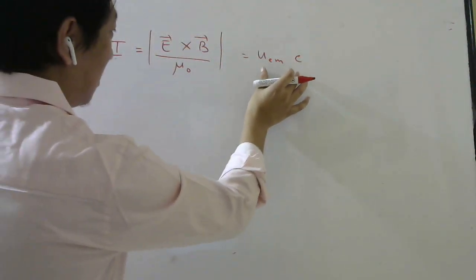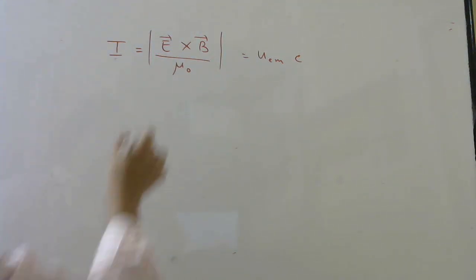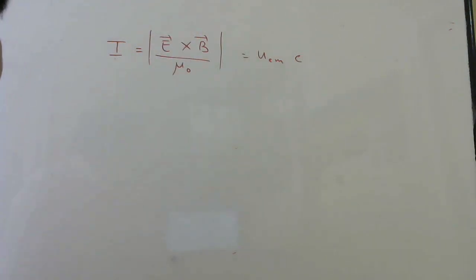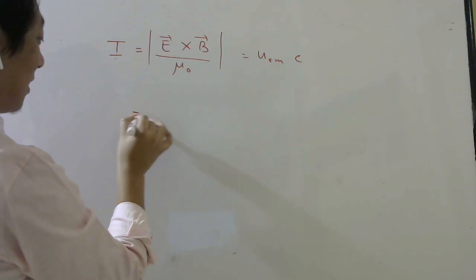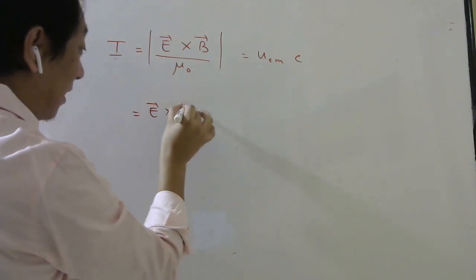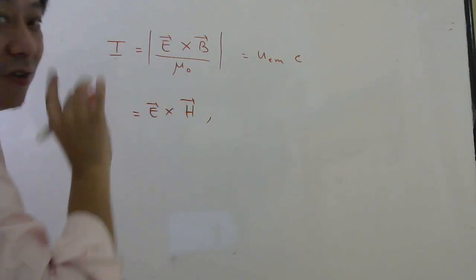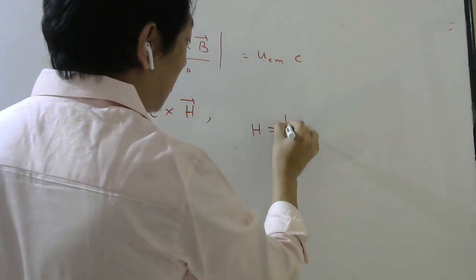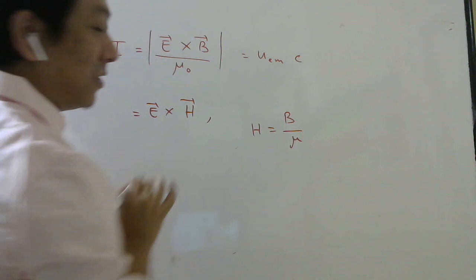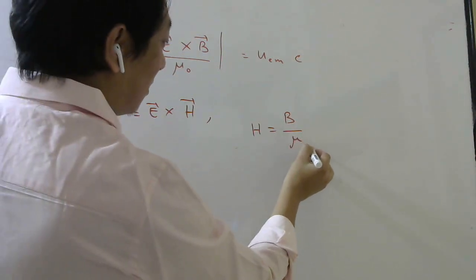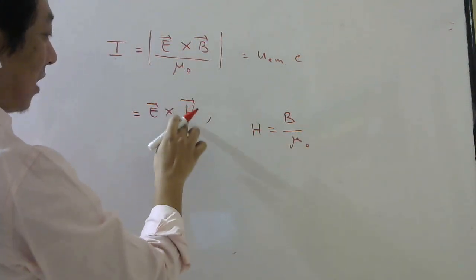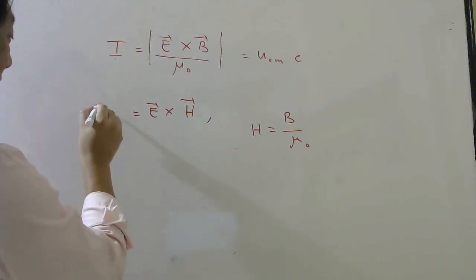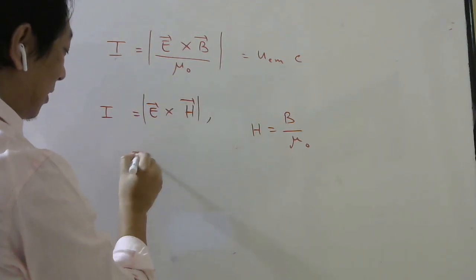Magnitude of this is equal to intensity. Now I can write this in terms of H bar. Check your notes, how was magnetic intensity defined? B by mu. Since it is vacuum, I write mu naught. So in place of B by mu naught, I can write H. If you want only magnitude, it would be EH.